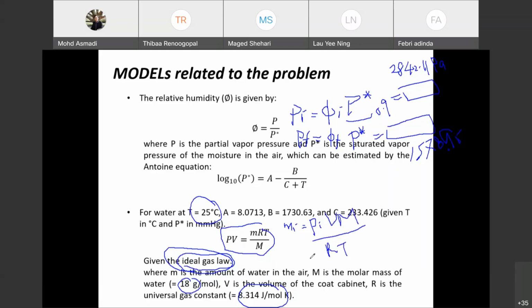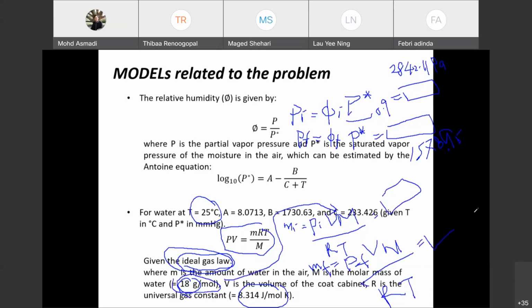Similarly, you apply it for the final moisture in the air: PF times M divided by RT. M is 18, this one. Can you calculate MI and MF?